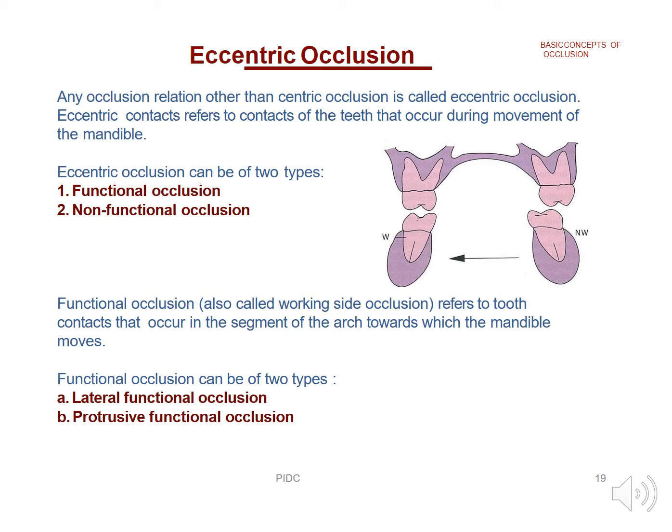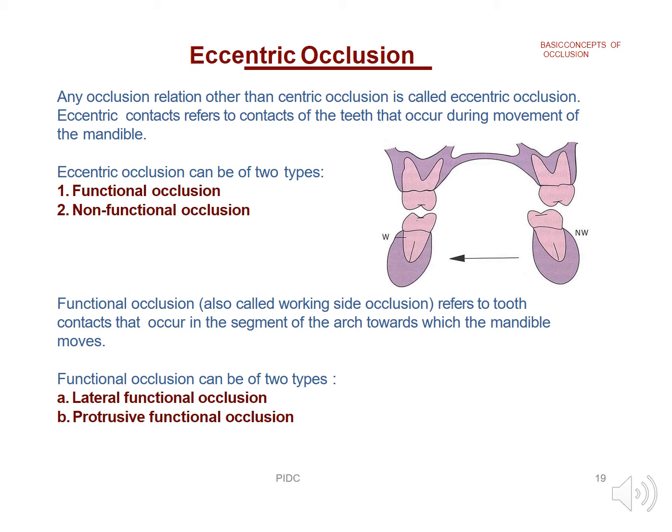Functional occlusion, also called working side occlusion, refers to tooth contact that occurs in the segment of the arch toward which the mandible moves. So when the mandible moves to the right side, the right side is called functional occlusion. When the mandible moves to the left side, then the left side is called functional occlusion.